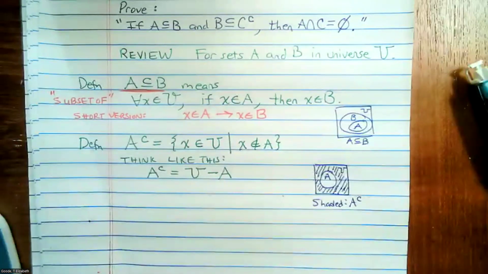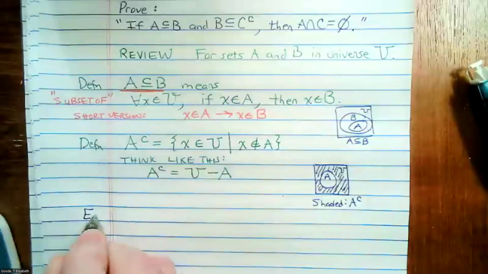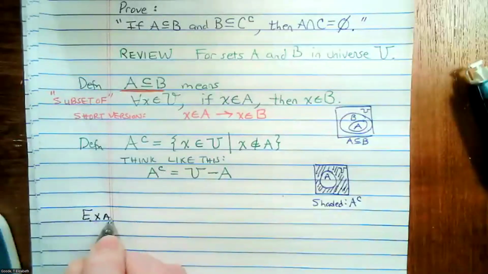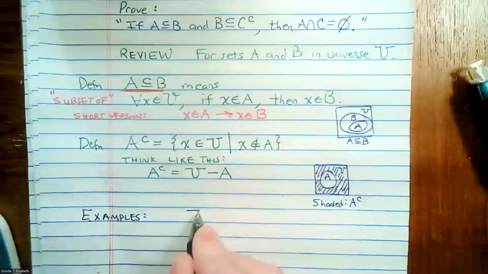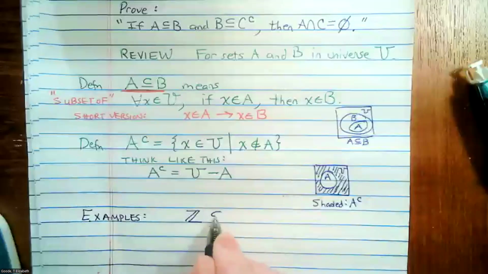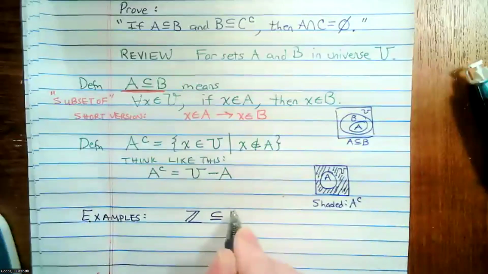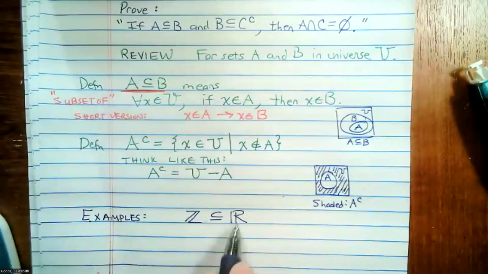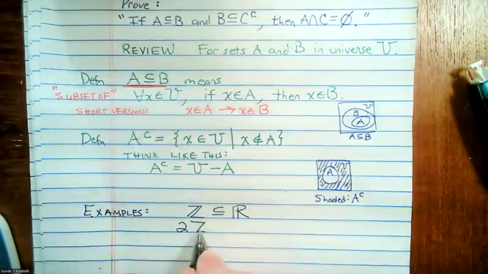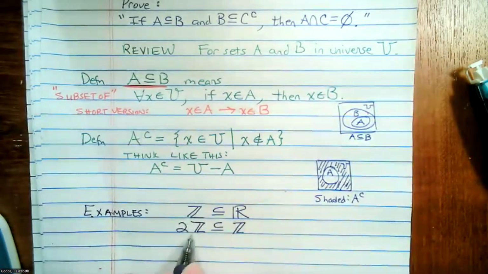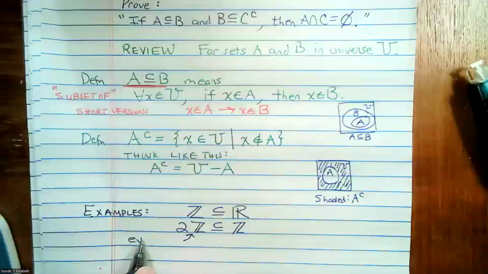Right. So we can also just look at some quick examples of sets that we're familiar with. The integers are a subset of the reals, right? Every integer is real. The even integers are a subset of the integers.